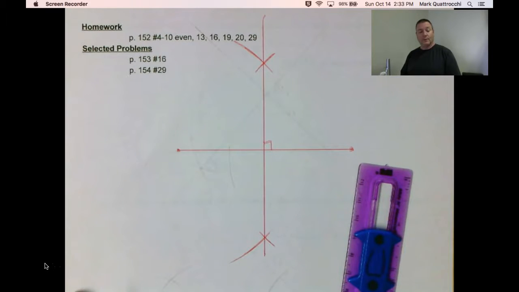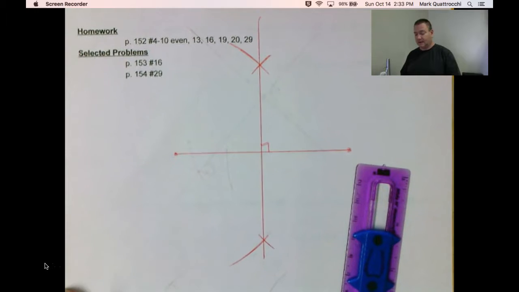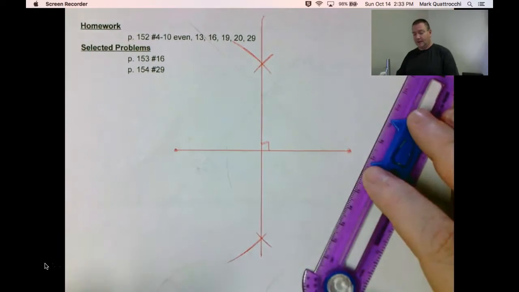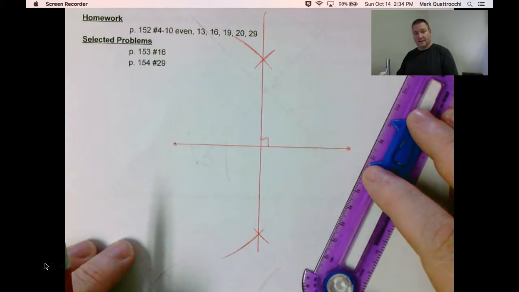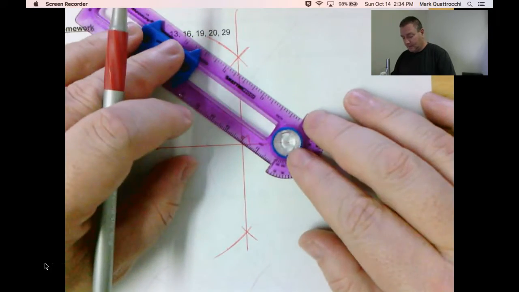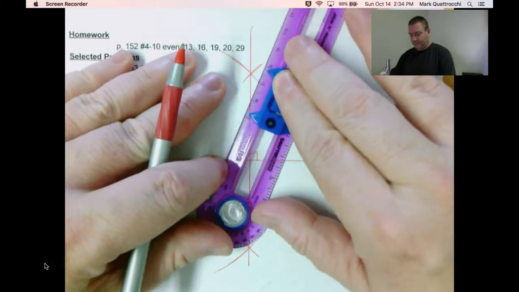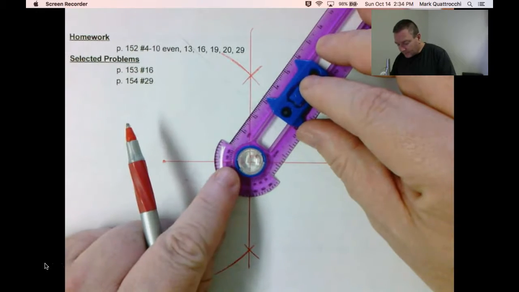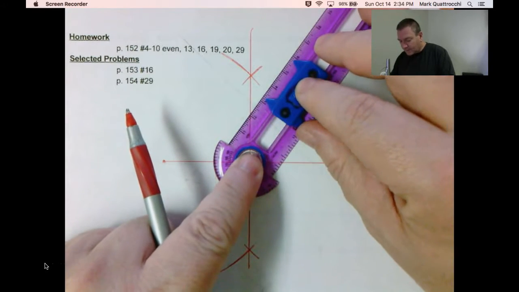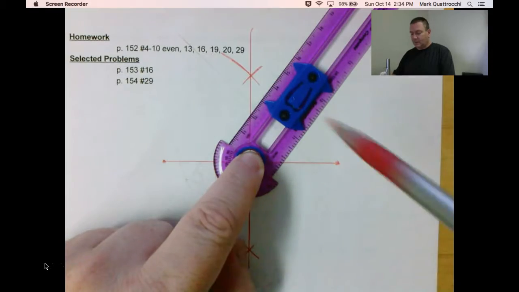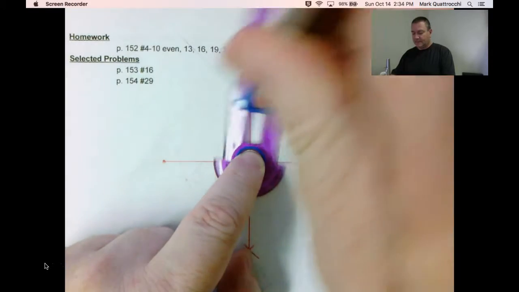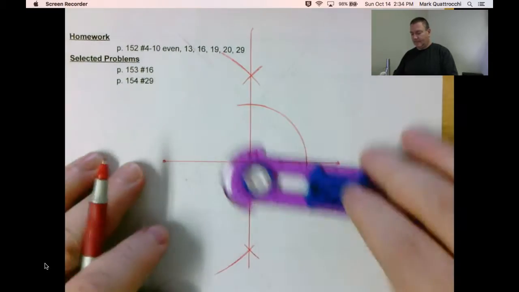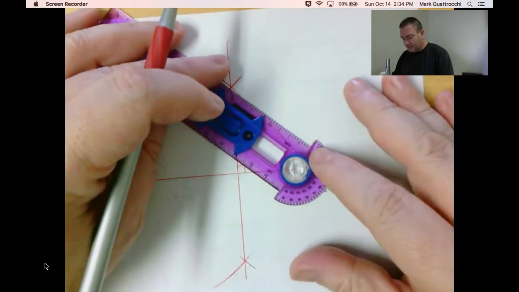But we didn't want a right angle, we wanted a 45-degree angle. That's okay, because half of 90 is 45. So all I need to do now is cut this angle in half. So we're going to bisect this angle. I'm going to set my radius to some random radius that's long enough so then when I measure between the two arcs, that's big enough to reach.